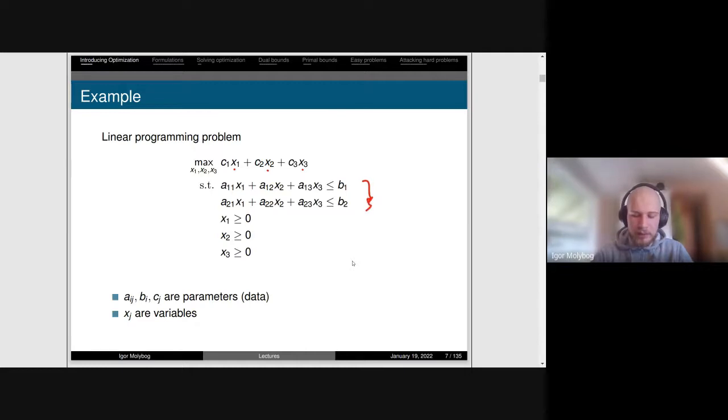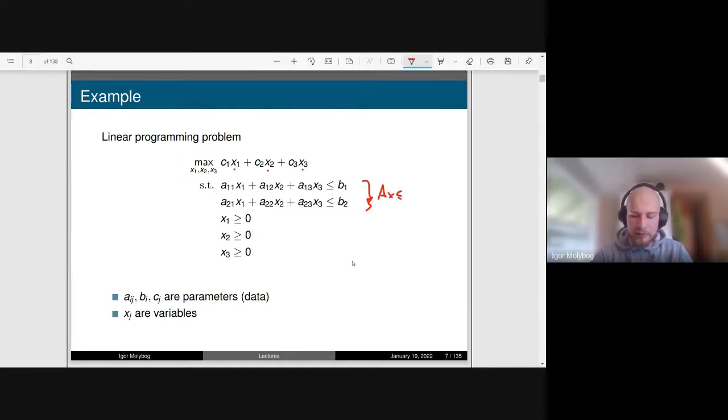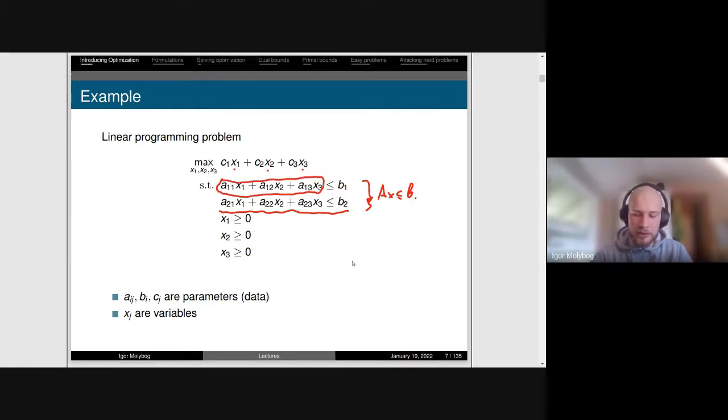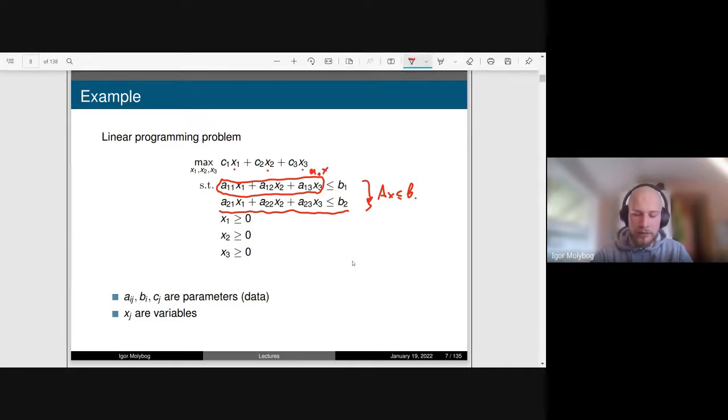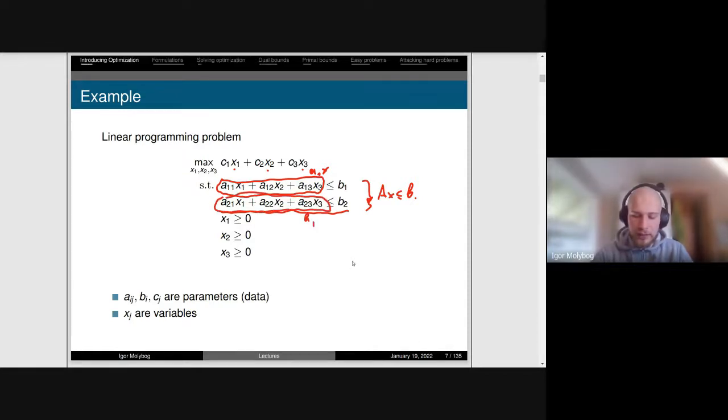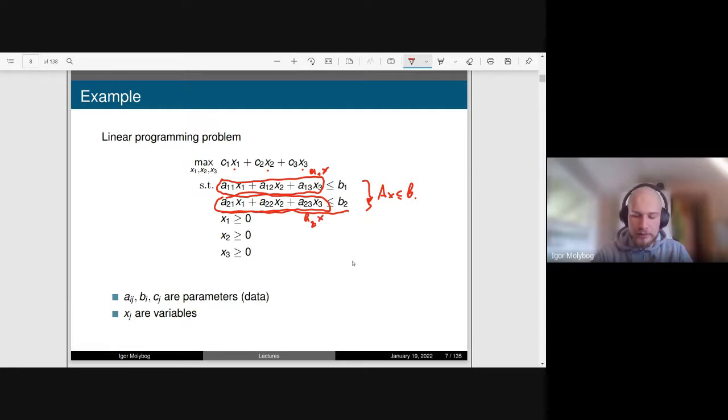The system of inequalities Ax less than or equal to b is rewritten for us in this form. This part right here is the scalar multiplication of vector A1 with the vector x, and this part right here is a scalar multiplication of the vector A2 with the vector x.